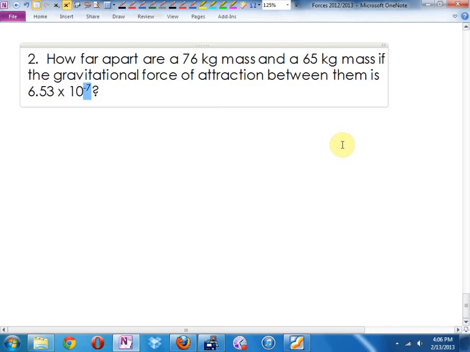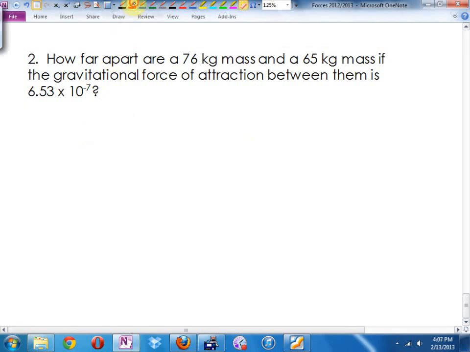What's the exponent beside the 10 on 6.5? Negative 7. Okay. So for that one, can you multiply out d on the left?